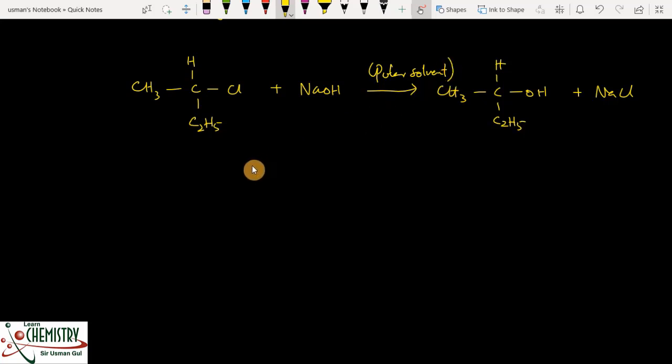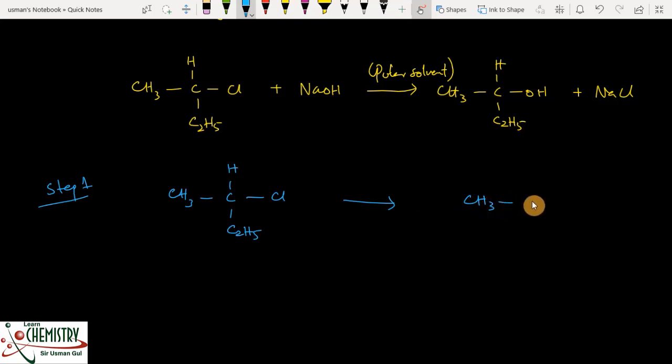Okay, now what will be the mechanism? There will be 2 steps, as I already told you. In step number 1, ionization will occur. This alkyl halide molecule will get ionized, and it will form a carbocation.